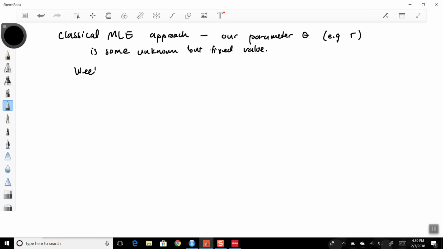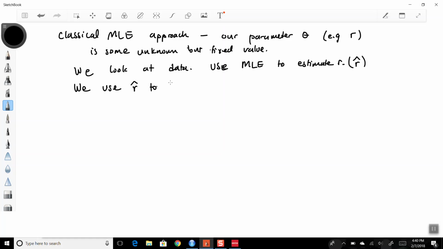And we look at data, use MLE to estimate R, which will be R hat, and then we use R hat to answer probability questions.